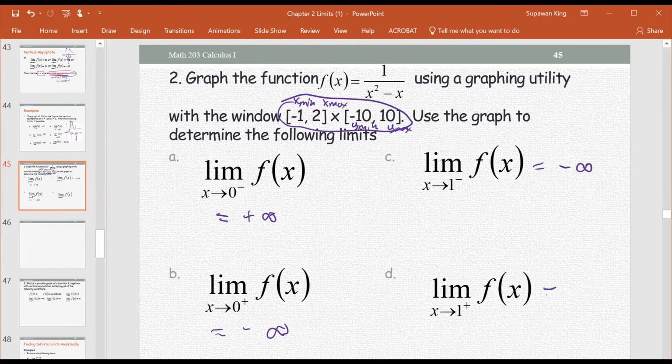And then the last one, as x approaches 1 from the right. So the right graph approaches positive infinity or negative infinity. Plus sign or minus sign for the right-sided limit as x approaches 1.